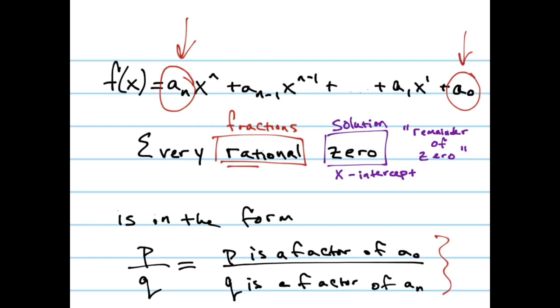So our first step today is going to be identifying all of the possible rational zeros of a polynomial. The first polynomial we're going to look at is f of x equals x cubed plus 2x squared minus 11x plus 12.